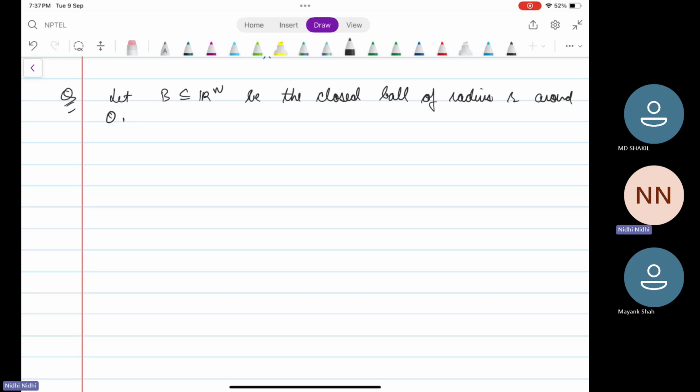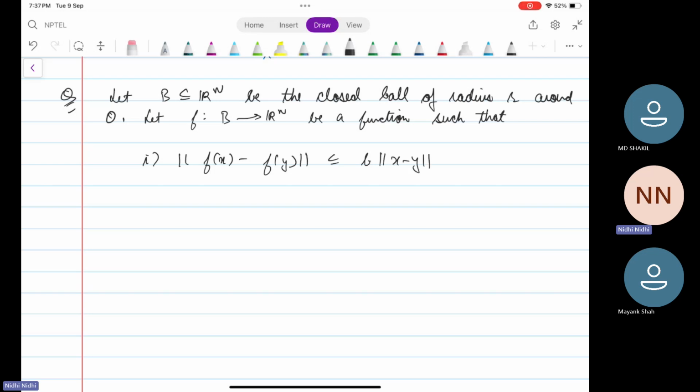Let f from B to R^n be a function such that, number 1, norm of f(x) minus f(y) is less than or equal to b times norm x minus y, where this b is strictly less than 1 and greater than 0.